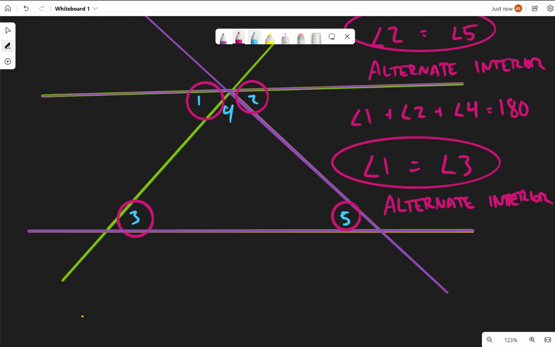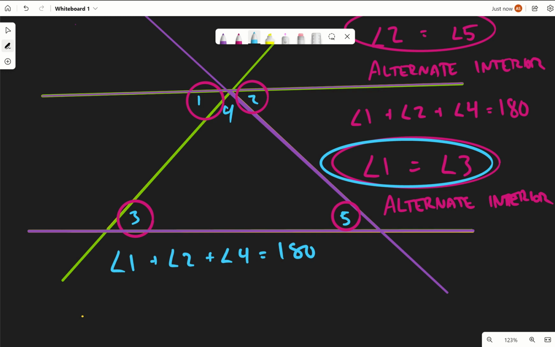and so because we know that angles 1 plus angle 2 plus angle 4 equals 180 degrees, and we know that angle 1 equals angle 3, so this can say angle 3. We know angle 2 equals angle 5, so this can say angle 5 and angle 4.